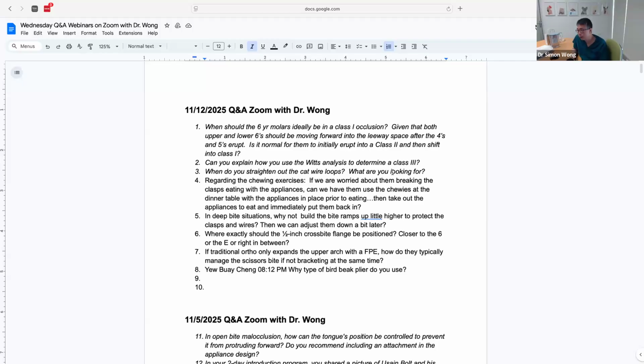So generally, if the expanders in phase one ortho are used, they're either done with a bite opening bite ramp that covers the molars, or they're done without acrylic componentry.